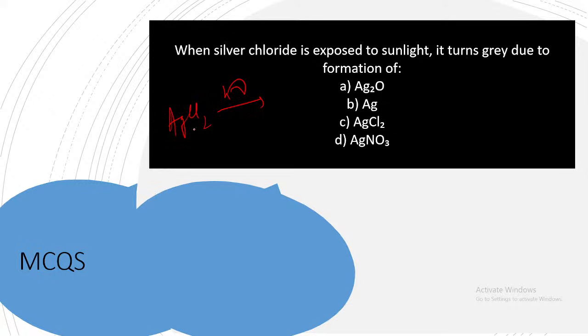If it is silver chloride, you will not get silver chloride again, right? AgCl is the reactant, so when sunlight falls on it, it will not give the same product. Decomposition occurs, that means it breaks down. So here silver is formed, so option B is the correct option. Because it is forming silver, it turns gray. Okay, so those who have written B, it is the correct option.